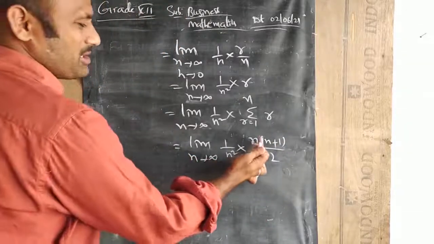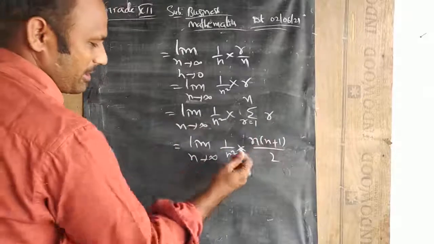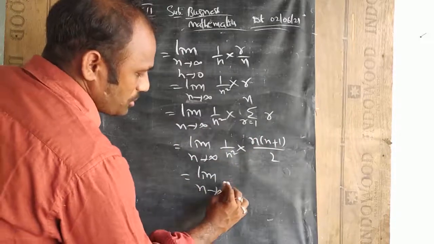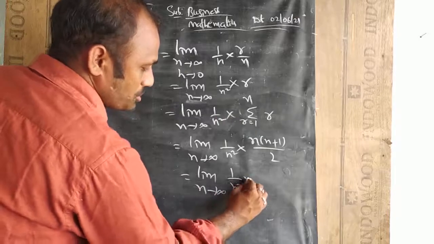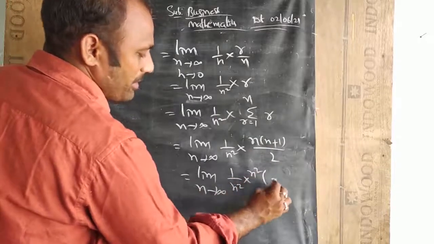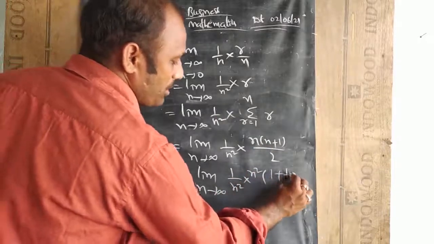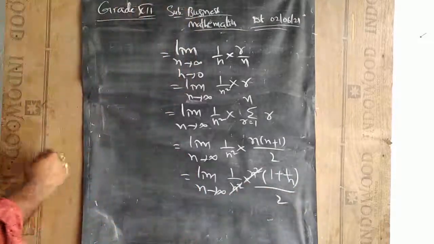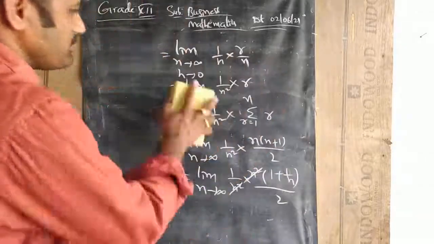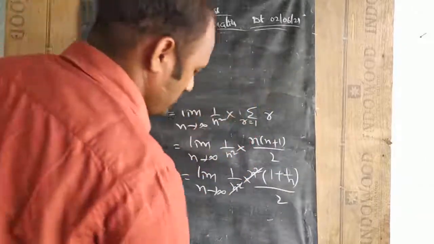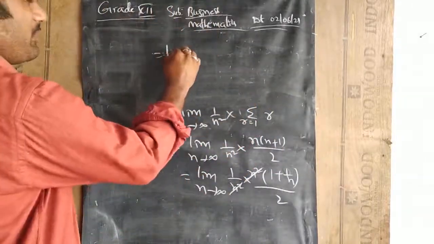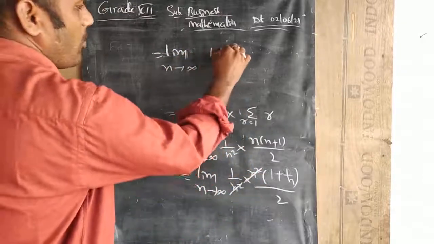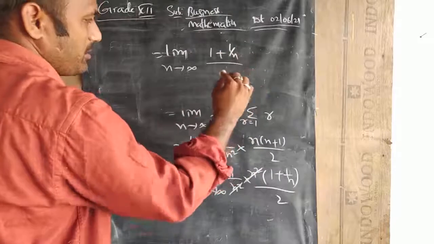So n square is there, here n is there. So we can take another n outside. So what will it become here? Limit n tends to infinity, 1 by n square into, if I take another n common, it will become n square into 1 plus 1 by n, by 2. So n square gets cancelled. So limit n tends to infinity, what is left here? 1 plus 1 by n, by 2.